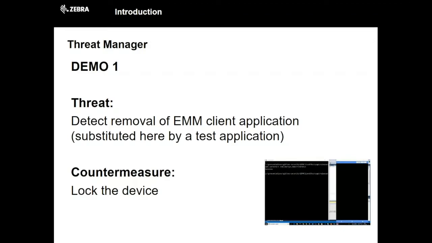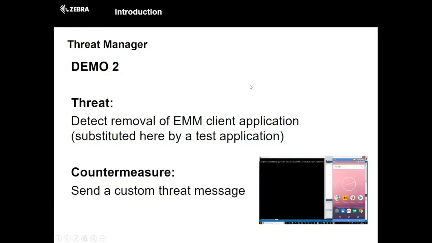Probably not too interesting to see, but hopefully that gives a sense of what Threat Manager can do. Having removed an application, it could perform some countermeasure. Obviously that's not too exciting. You can imagine any number of ways that a nefarious evildoer could bypass that particular countermeasure.